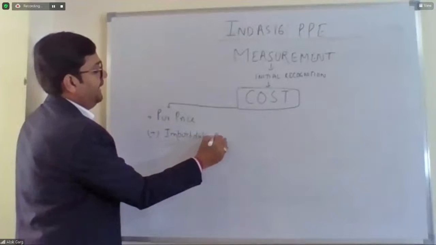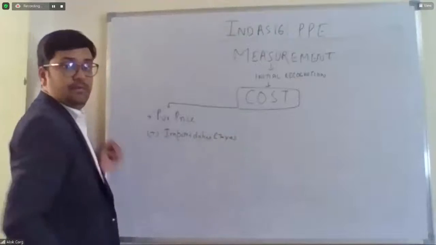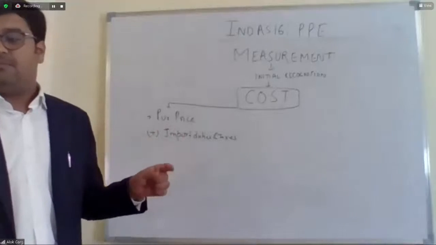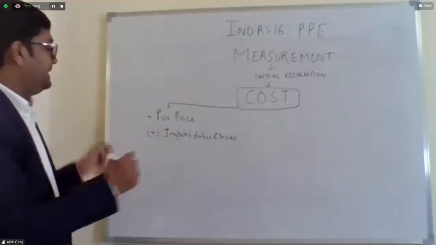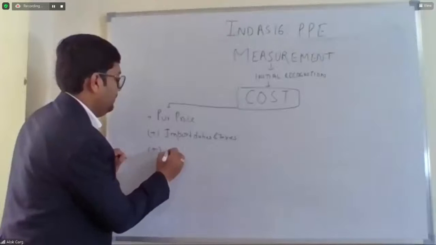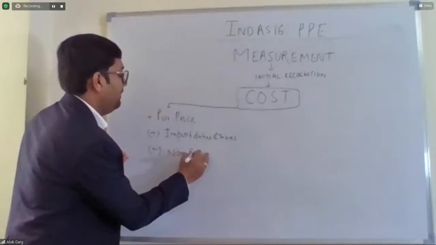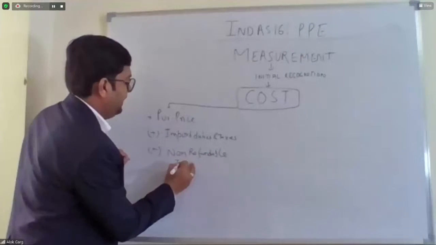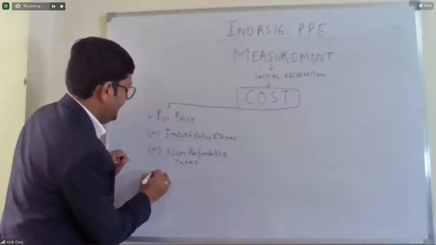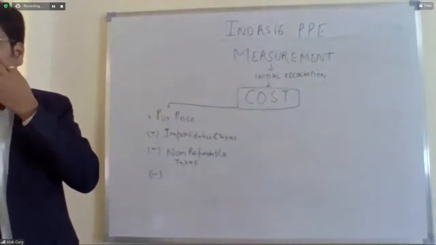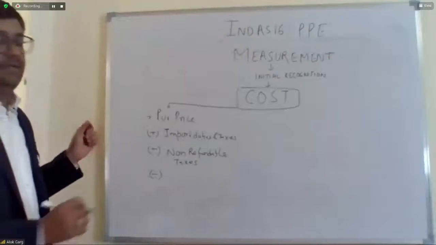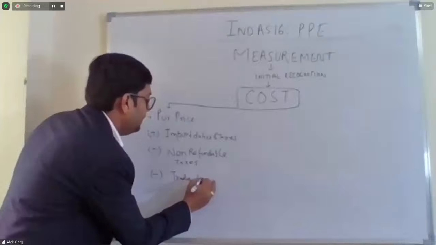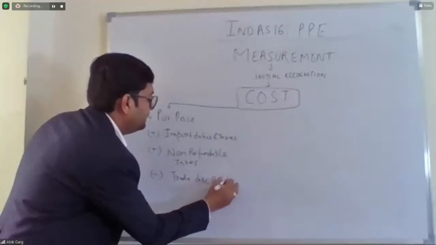Purchase price plus import duties and taxes plus non-refundable taxes, minus, what is minus? If the company is getting any trade discount and rebate, it has to be deducted. Trade discount and rebate.